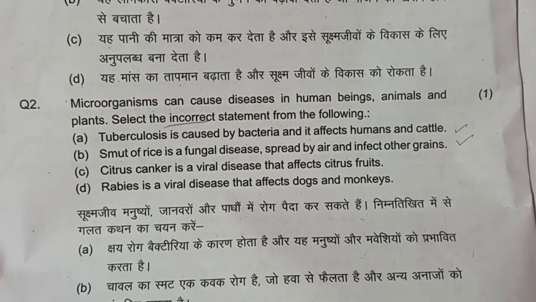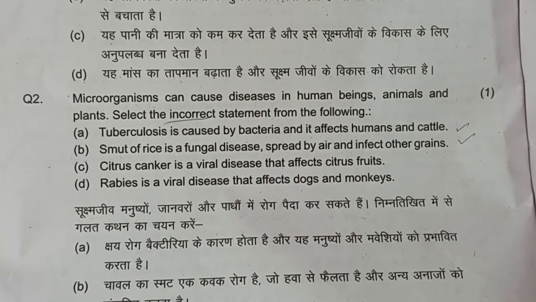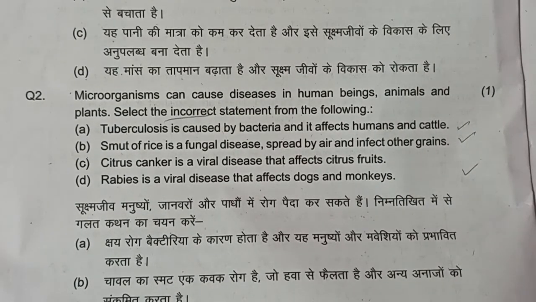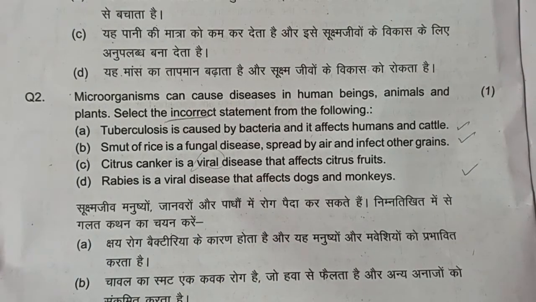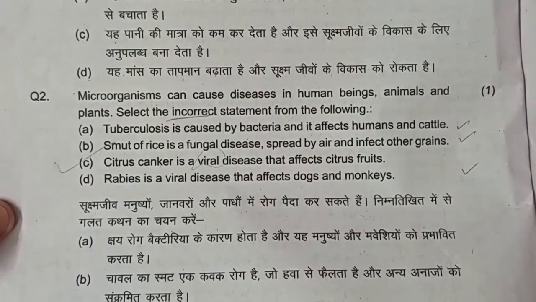Rabies is a viral disease that affects dogs and monkeys. It's also correct. Third option, citrus canker is a viral disease. No, it's not a viral disease. It's a bacterial disease. So the incorrect statement is option C. Let's move ahead.